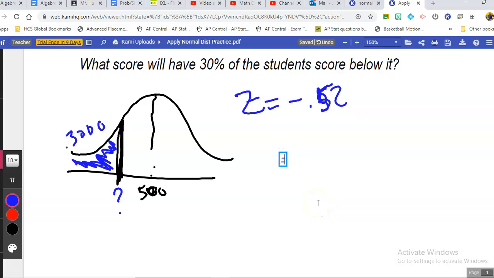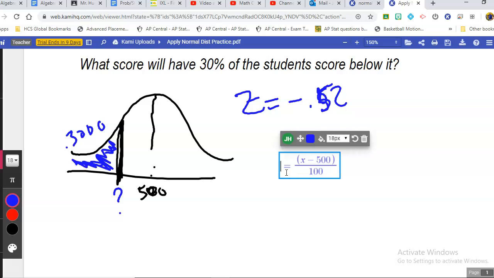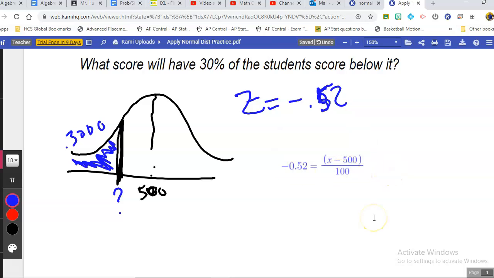Z is going to be equal to X, which we don't know, the score, minus the mean of 500, divided by the standard deviation of 100. And I know what Z is. My Z is negative 0.52.